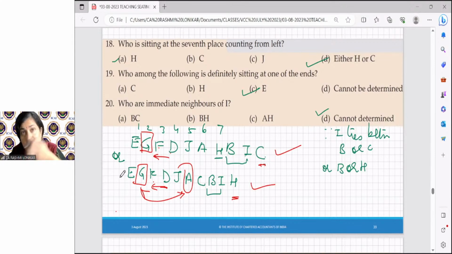On the right hand side, you may have C or H. And therefore, the answer is E. That is why C is not the answer. Since the word definitely is being used, C is sitting on the left in one arrangement, H in the other. So who is definitely there? E is always there on the left. Okay?